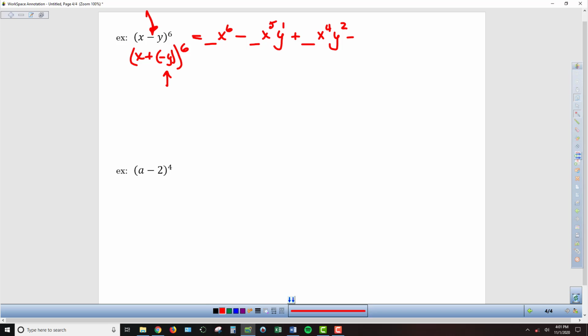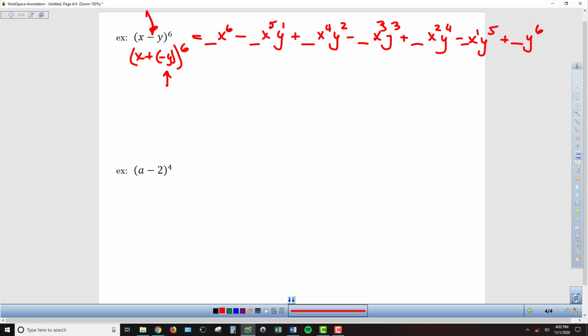Now we're back to minus, x to the third, y to the third, plus, leave a blank for the coefficient, x squared, y's up to the fourth now, plus, oh, sorry, this one's minus, we're alternating. So we're minus x to the first, y to the fifth, with the space there for the coefficient, and then lastly, we're back to plus, the x is missing, the coefficient space is left blank, y to the sixth.